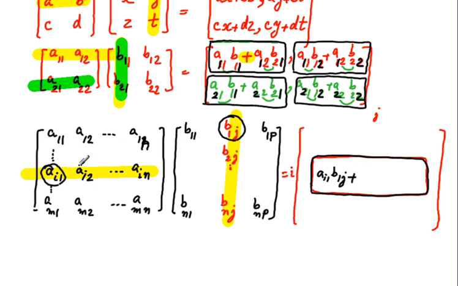Then on the same list of multiplication, we have to do the next guy. So who is that? A, I2, B2J, and we go down the line to hit the last one, which is AIN, and then it's BNJ. So this is the character of what comes out.